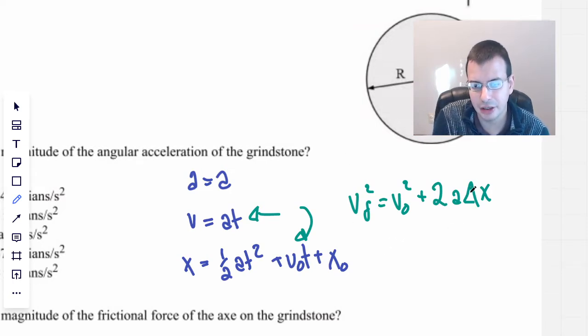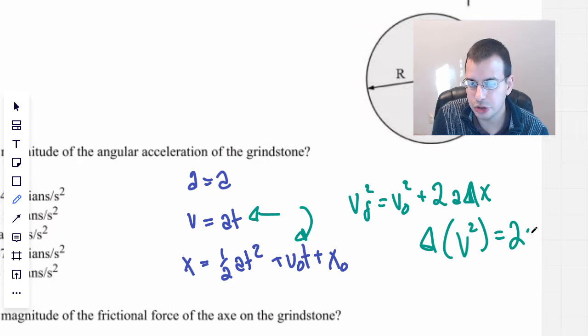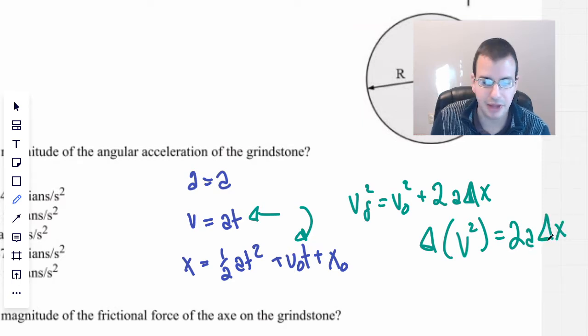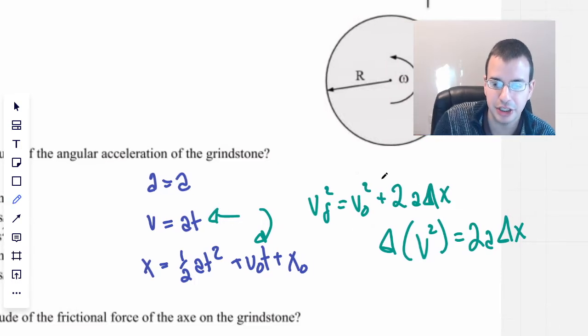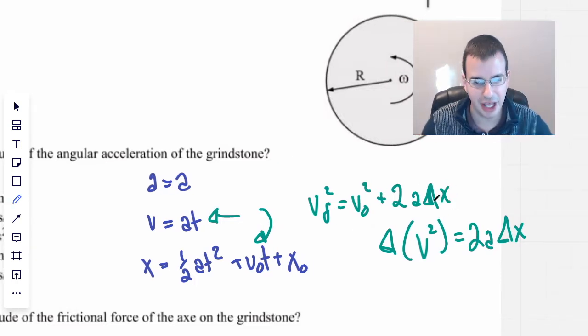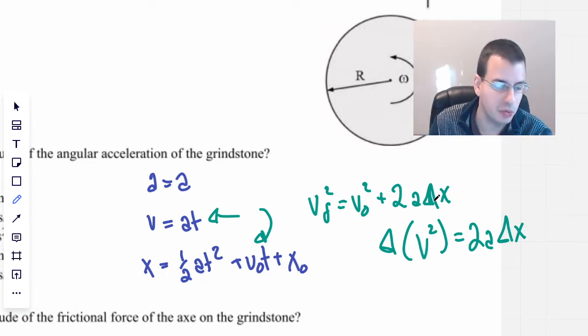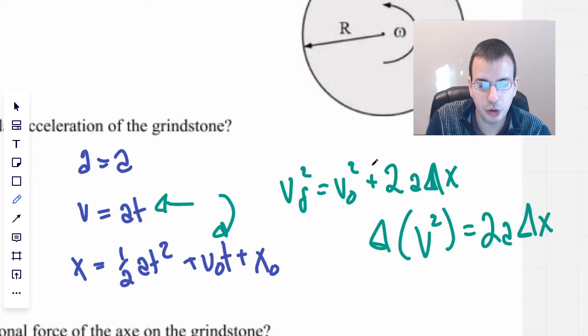And you might be thinking, why don't we just write it as delta V squared equals 2a delta x? And that's fine too. They're both fine. It's just usually easier to think of distance as a delta as opposed to v squared as a delta, and you don't want to drop the squared part of the v by accident.